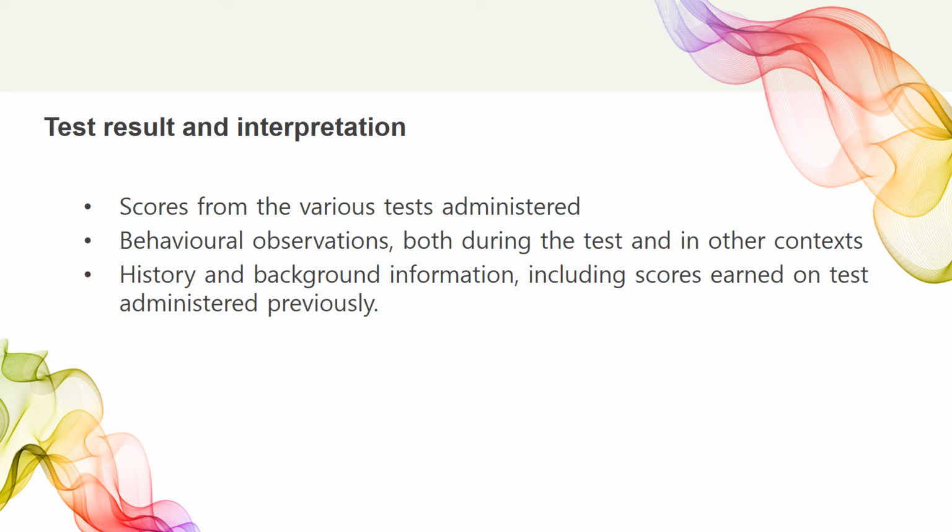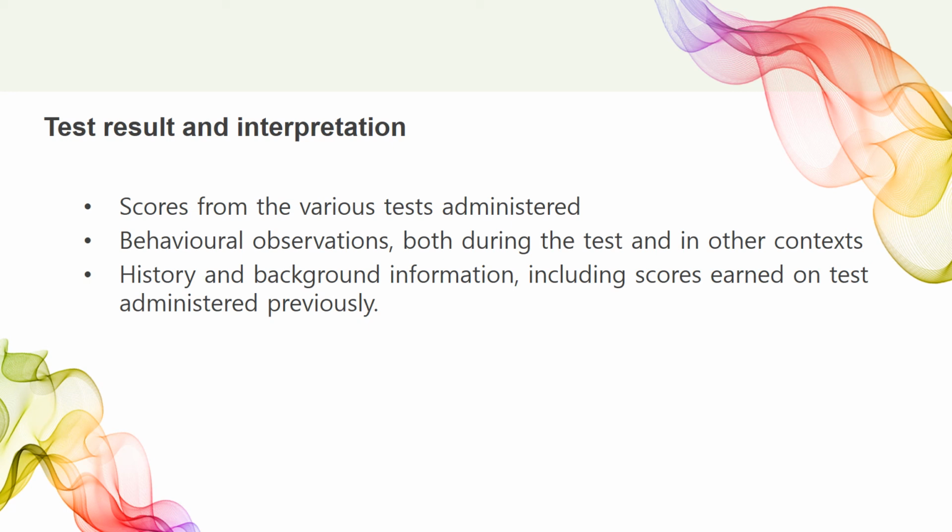Okay, we'll continue to talk about the test results and interpretation. Tests are among the most important assessment tools we have. However, rarely can trustworthy interpretations be made from a single test score or even multiple converging test scores.